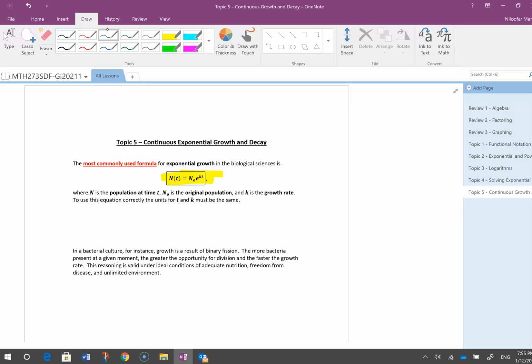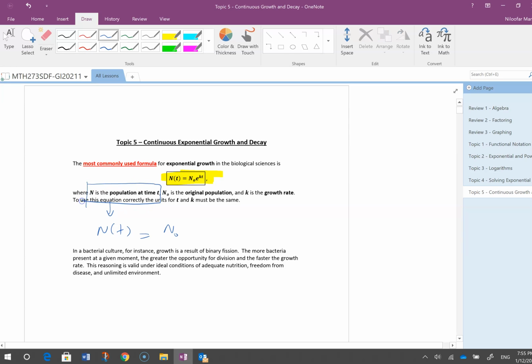N(t) is the population at time t, and N0 is the original population, meaning at time 0.